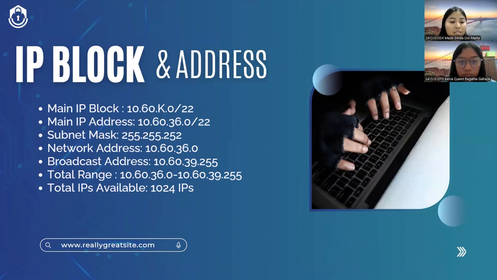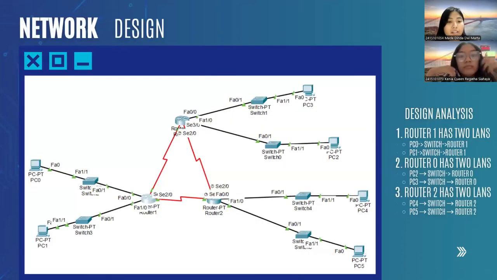The subnet mask used is 255.255.252.0, with the network address starting at 10.60.36.0, and the broadcast address is 10.60.39.255.